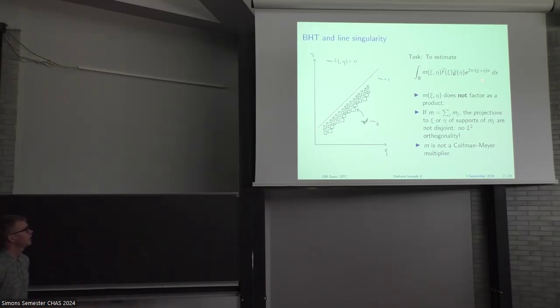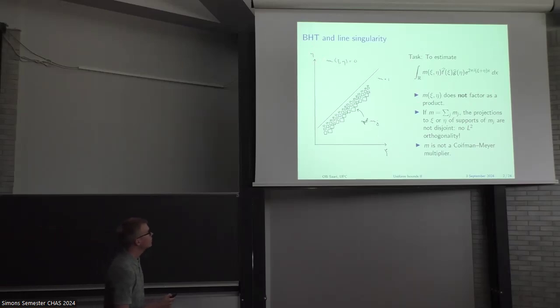Now, the first problem in the bilinear analysis is that this multiplier doesn't factor as a product of two multipliers, one of which would depend on eta, the other one of which would depend on psi. It's not of tensor structure.